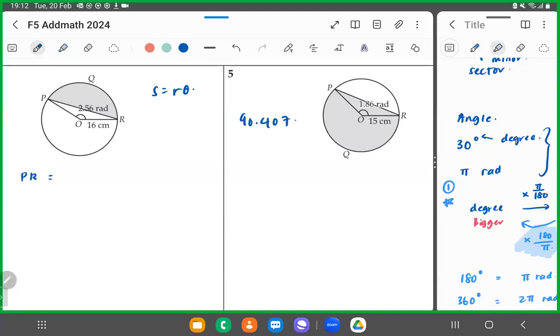PR squared. Okay, if I use another formula, PR equals 2r sine theta over 2. So 2 times 16 sine of 2.56 times 180 over pi, divided by 2.